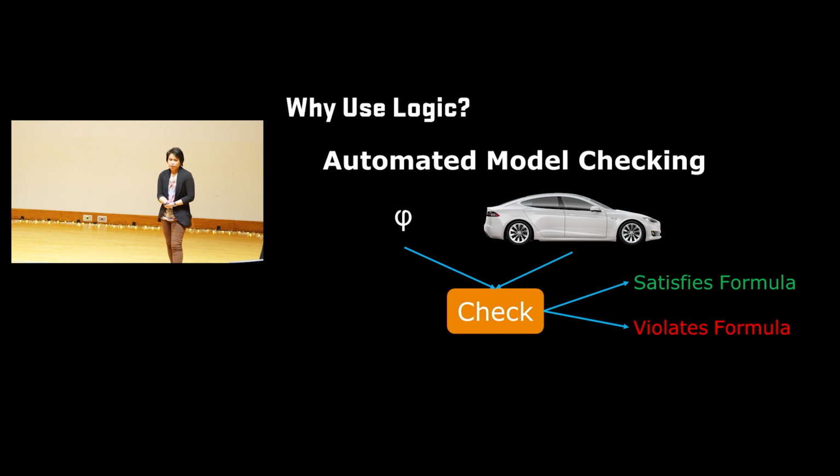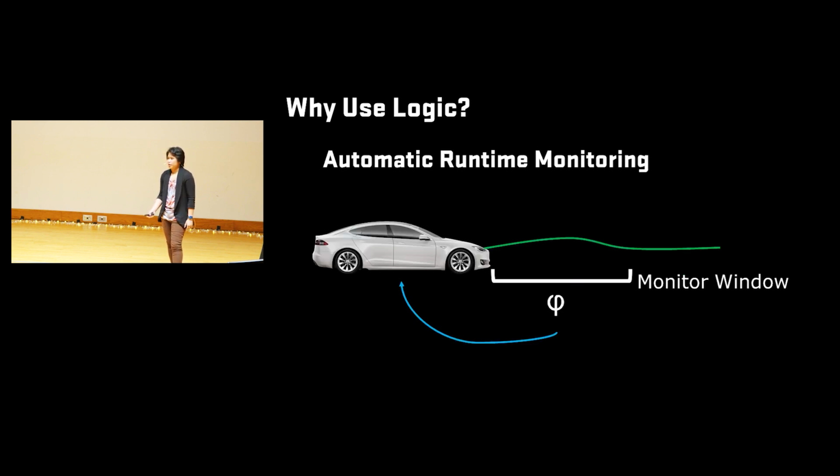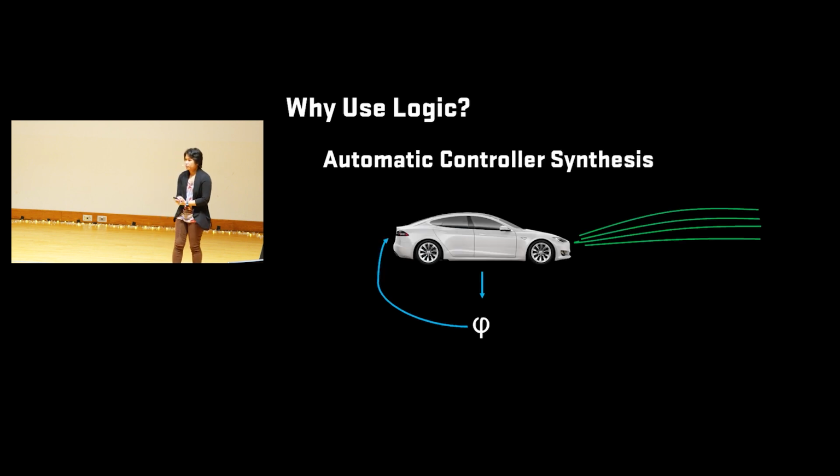We can also use logic in automated runtime monitoring, essentially helping us detect if the system is about to violate the formula, so we can perhaps intervene and course correct. And we can also use it in controller synthesis, or automatically coding the formula as a constraint in the system, and therefore guaranteeing that the system will only output those behaviors that are consistent with the formula, the good behaviors that we want and expect.